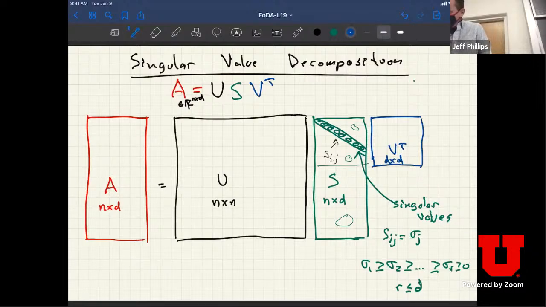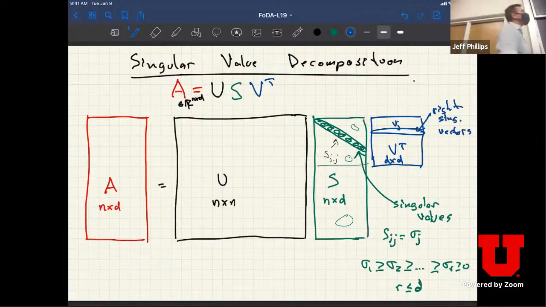The rows of V transpose, so the columns of V, since it's often returned as V transpose, we'll call these Vj. These are the right singular vectors. V is going to be an orthogonal matrix.